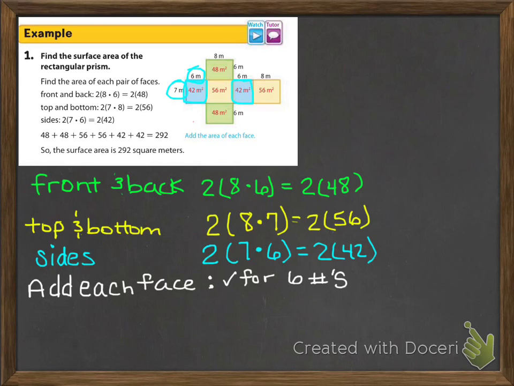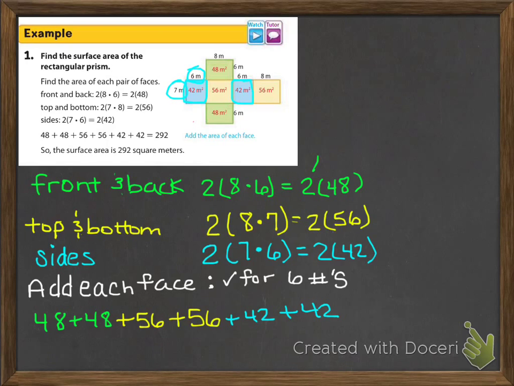So as you can see, I'm going to use the correct colors. I've got 48, and because I have this 2 right there, I'm going to write plus 48, and then plus, now I'm going to switch to yellow, 56 plus 56, and then I'm going to switch to that blue now, plus 42 plus 42.